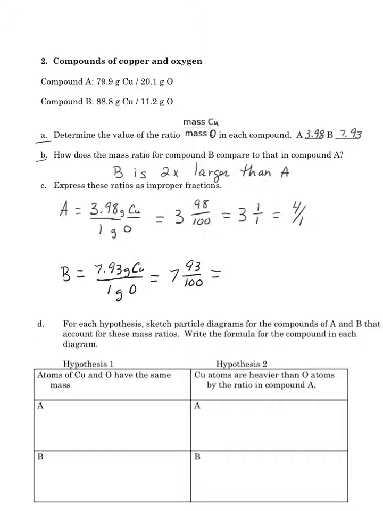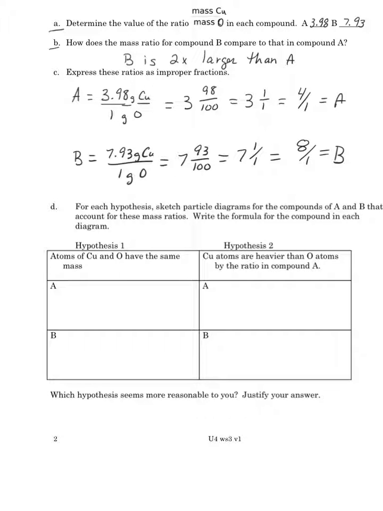With these, you're really looking at rounding using the 9. So this would be 7 and 1 over 1. Turning this into the improper fraction, 1 times 7 is 7, plus 1 is 8. So this gives you 8 over 1. This is for compound A, and this is for compound B.